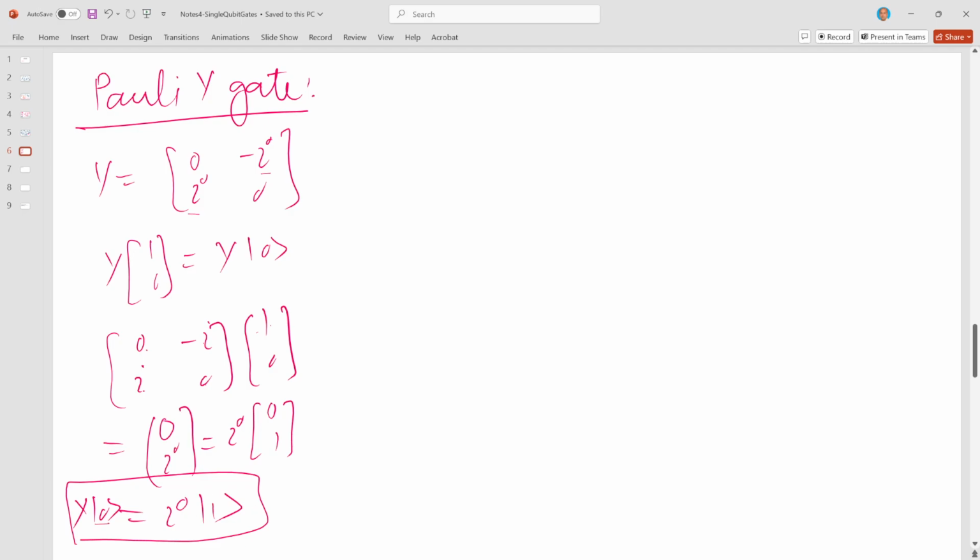So the state is flipped with a global phase, with a factor iota, which can actually be written as a global phase, because iota can be written as e to the power iota pi by 2, because if I open this thing, this becomes cosine pi by 2 plus iota sine pi by 2, and this is iota.